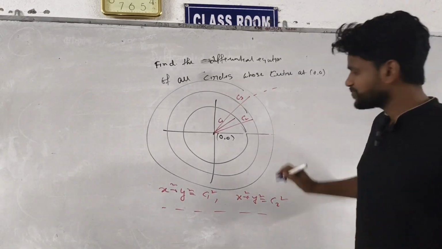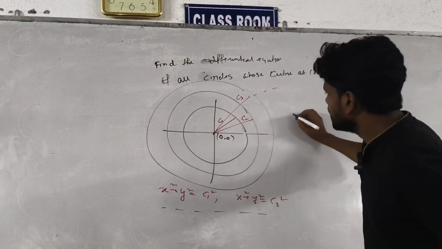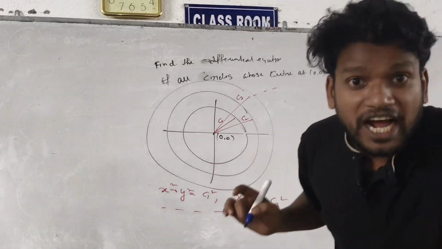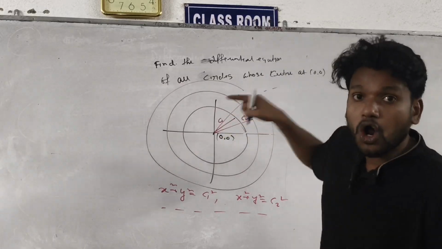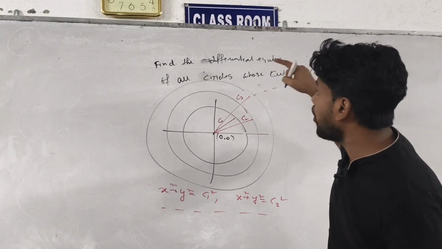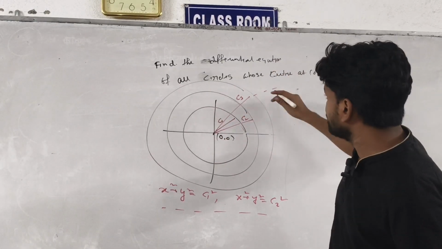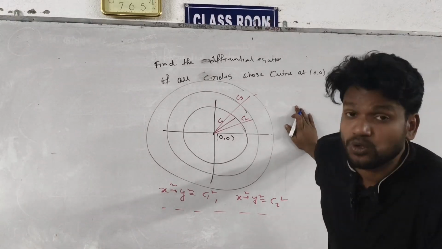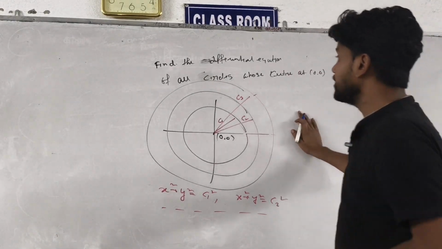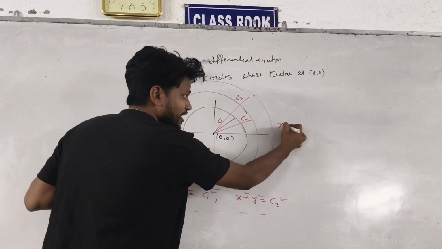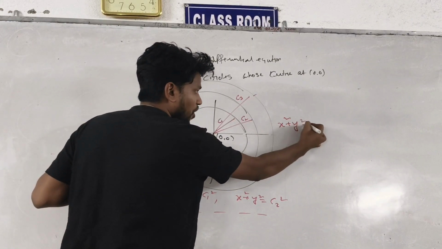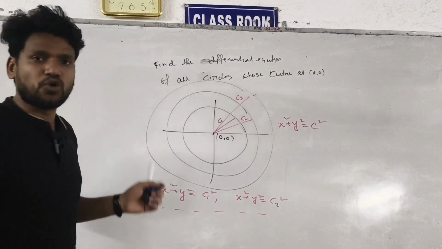When we write the compact form of the Cartesian equation of all these circles, it is x square plus y square equals c square.